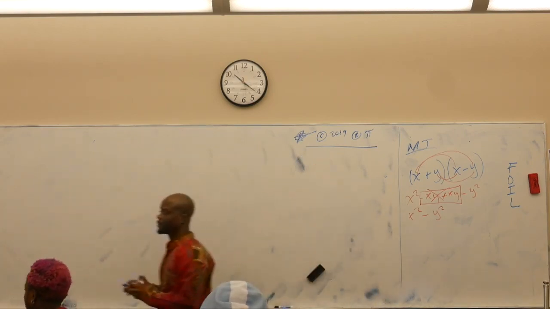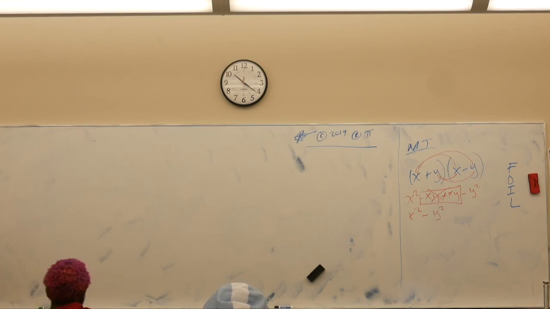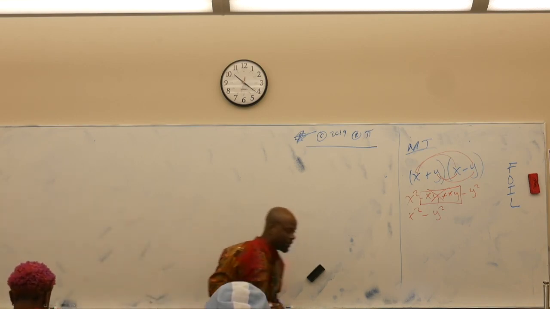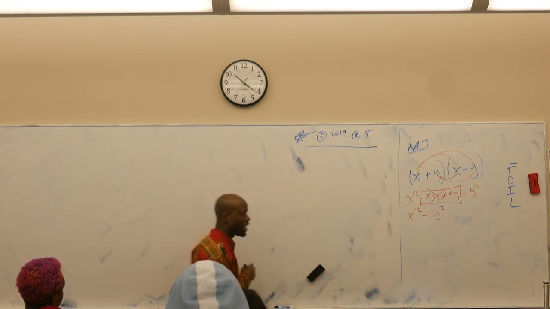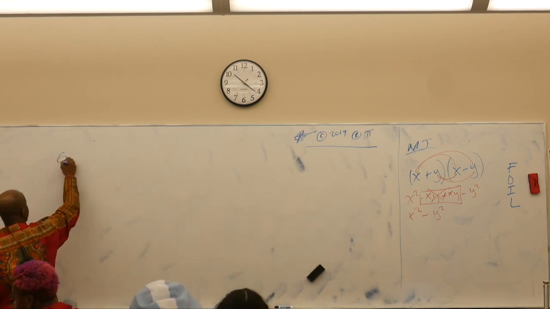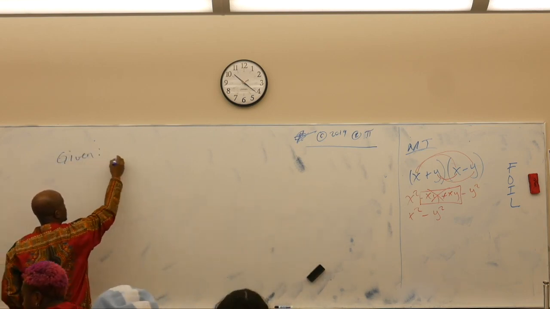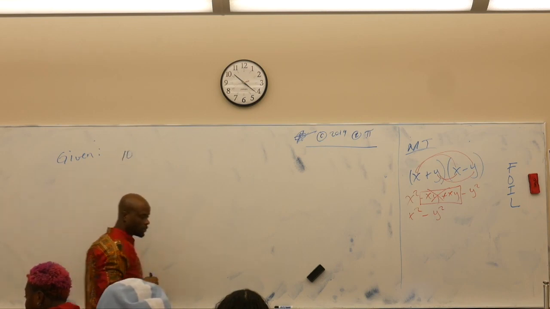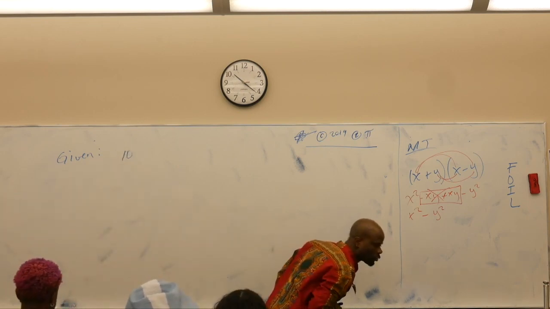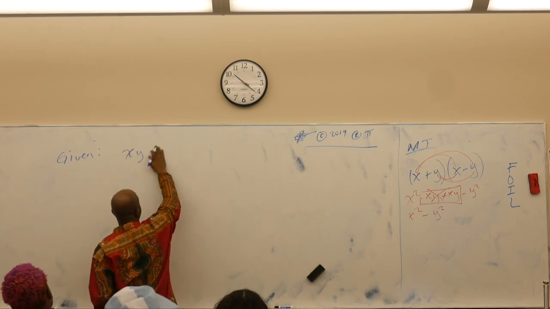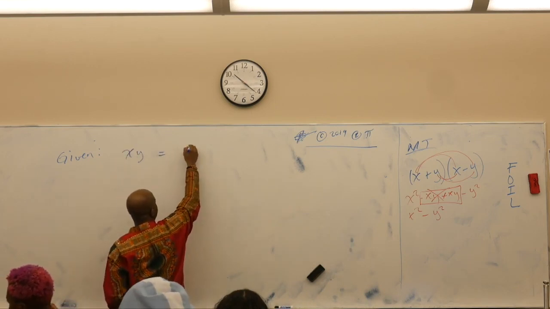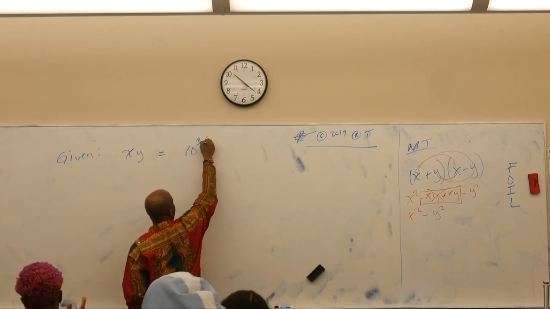Okay, guys. Let's remember now, because I'm about to do number 8. Number 8 and part of 9, I'm giving you homework. Number 8 says, here is what we are given: x y is equal to 10 to the 3.67.